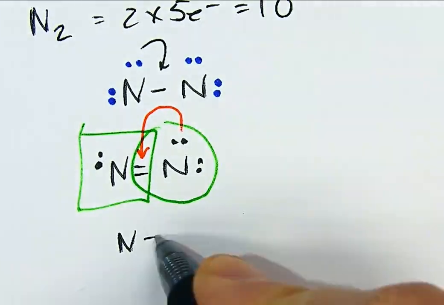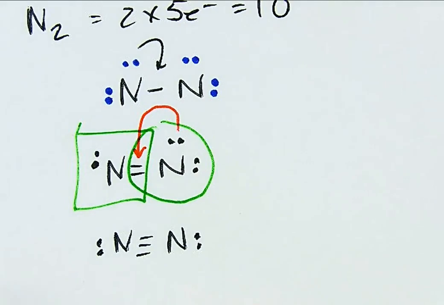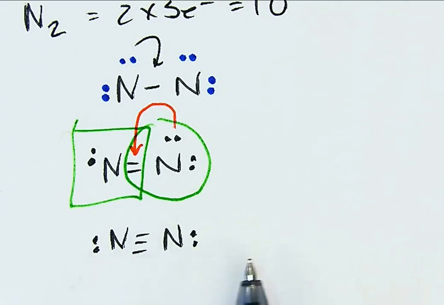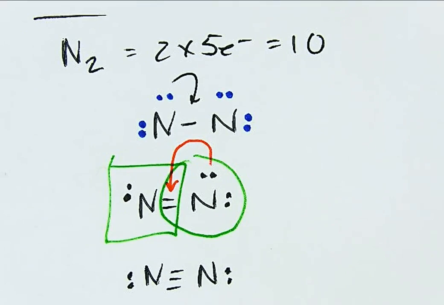And so then you would have 1, 2, 3, a triple bond, and they would be like this. Then you do have a complete octet for both. The one on the left has 8, and the one on the right has 8 also. So that's a pretty quick explanation of multiple bonds, but you'll see in the next video that we're going to add some ideas to that using what is called resonance and ions.